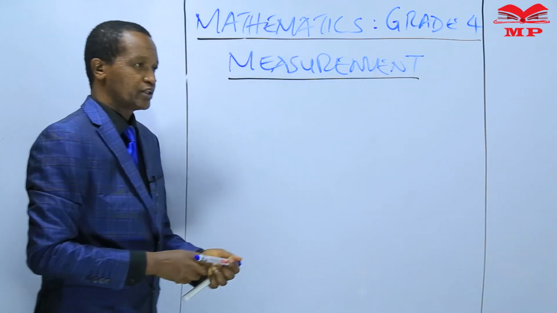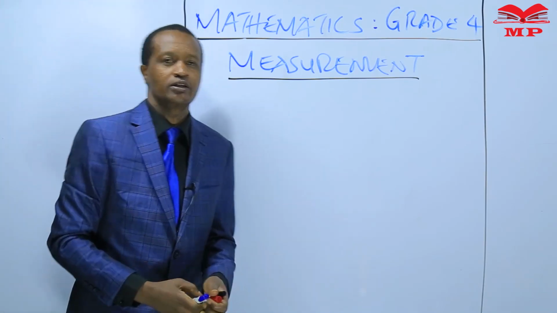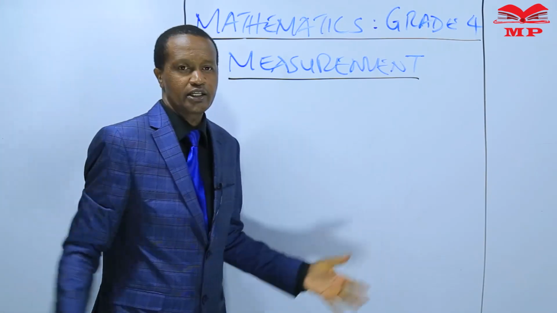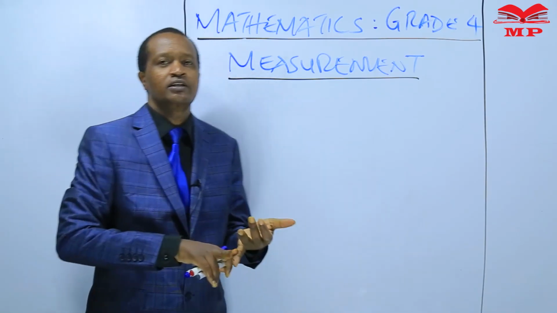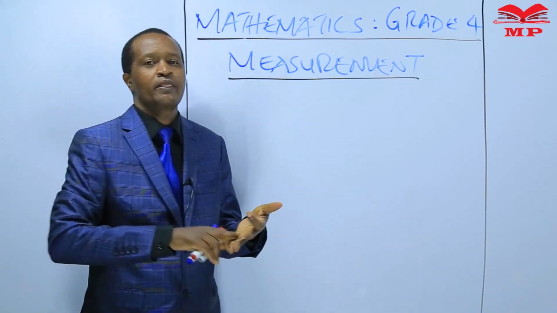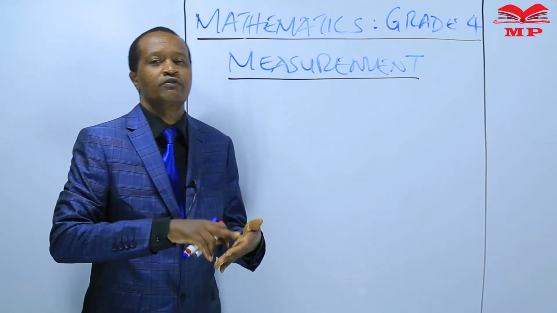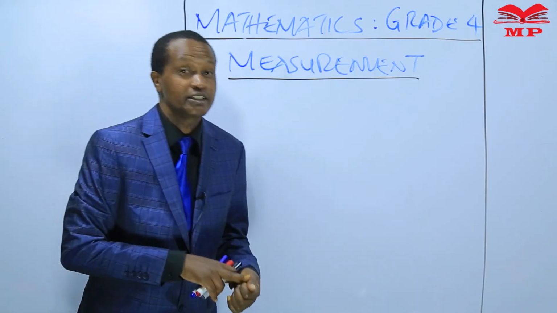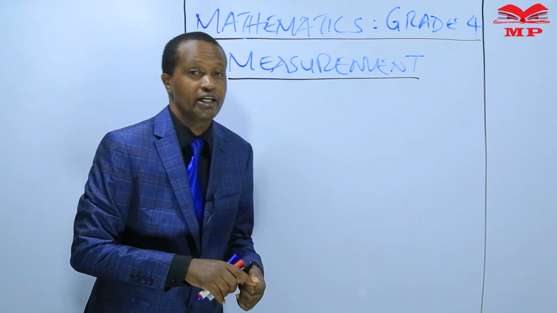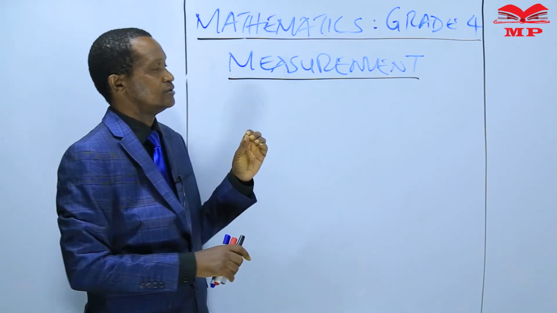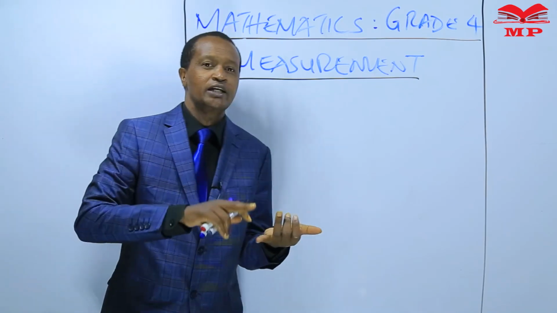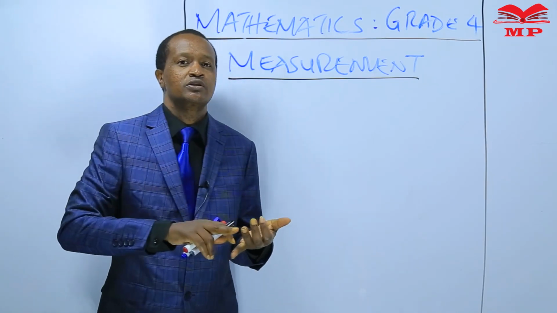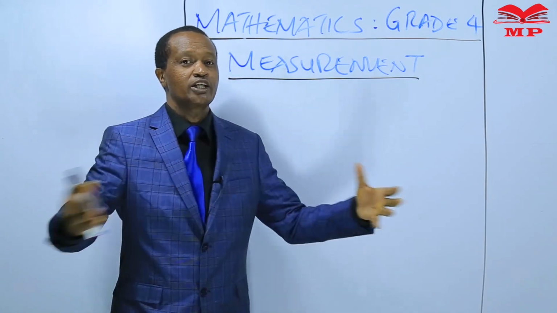Measurement is a topic that will include things like length. We are going to learn about length, area, mass, volume, capacity, time, and money. Okay? I repeat, we learn length. That means we learn how to measure length.